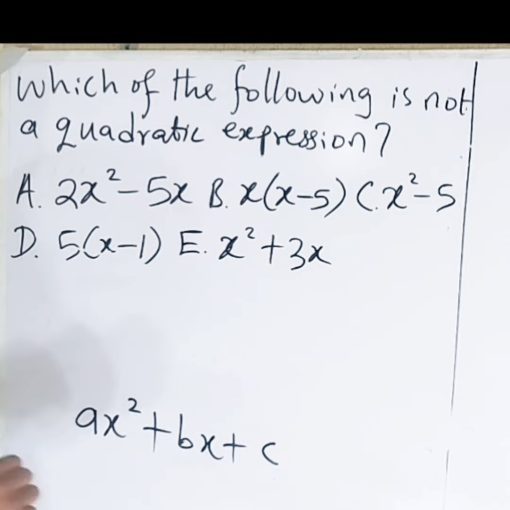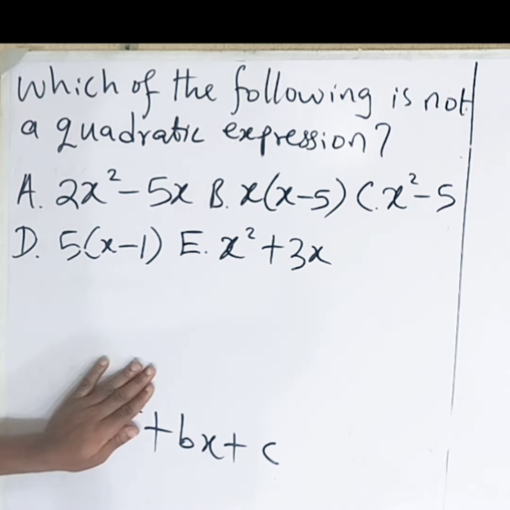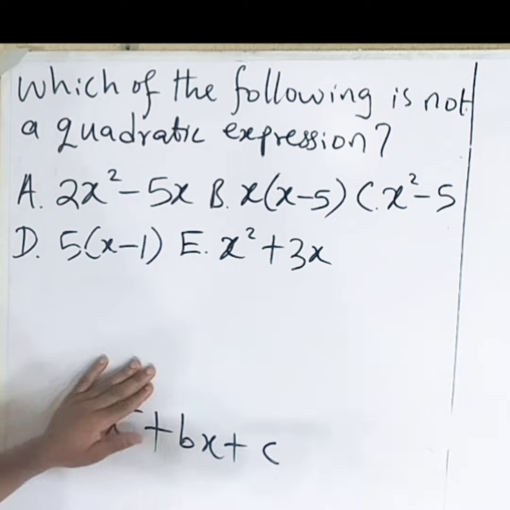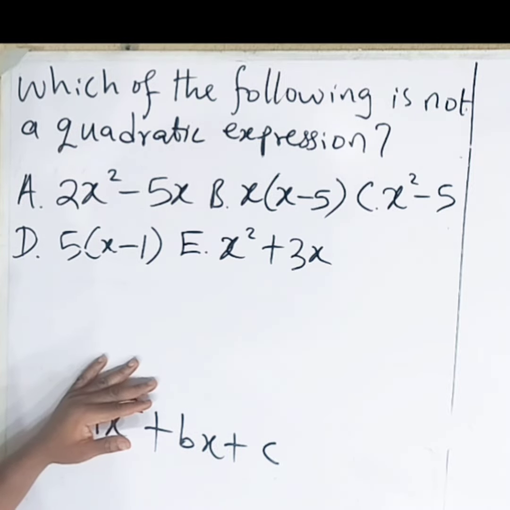x squared is what makes it a quadratic expression, because if we remove this x squared, then we are left with bx plus c, and this will just give us a linear expression. That is just a linear function.